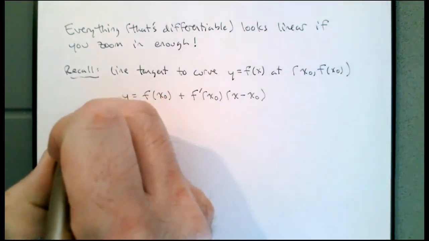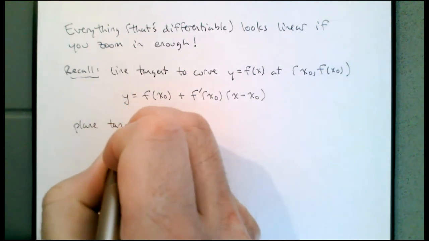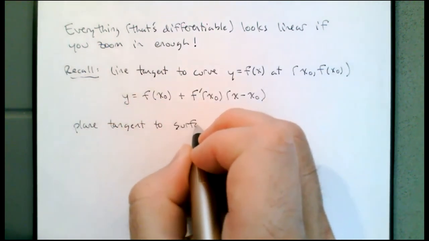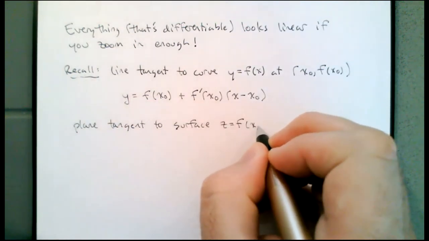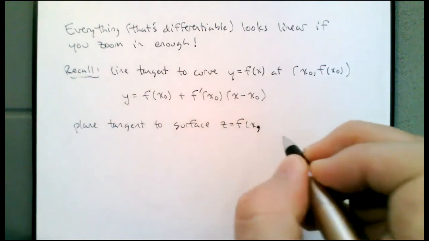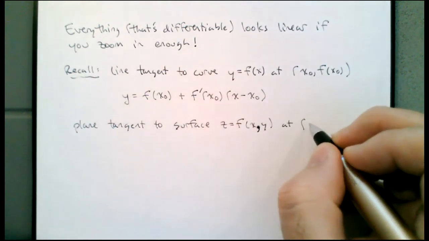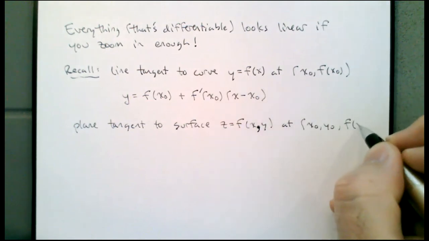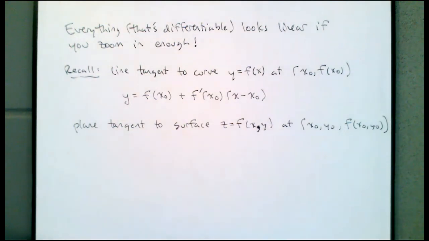So if we want the equation of the plane tangent to the surface z is f of x, y at the point x naught, y naught, f of x naught, y naught, we're going to construct it in the same way.